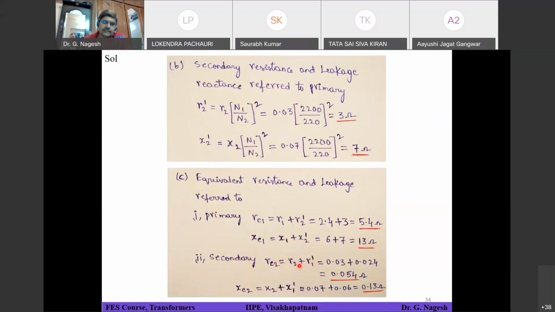So R2 plus R1 dash. We have already seen R2 is 0.03 as given and R1 dash you calculated as 0.024. So the total will be 0.054 ohms. Similarly, XE2 is equal to 0.13 ohms. Try to calculate that.